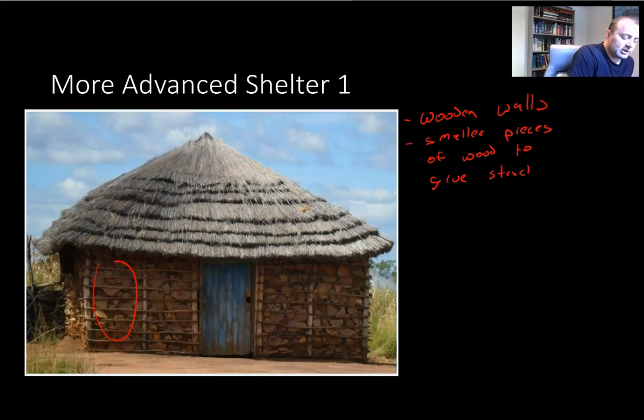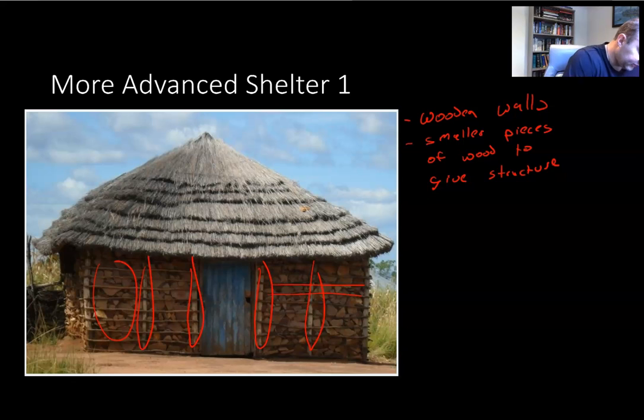A little unclear how it's doing that. My sense is, what I'm talking about here is this thing, this thing, this thing, and then all the little cross pieces there, like so. It looks to me like those smaller pieces of wood are holding the pile of bigger pieces of wood together. So basically, the big pieces of wood are being constrained from falling away by the structural support of the smaller pieces of wood.